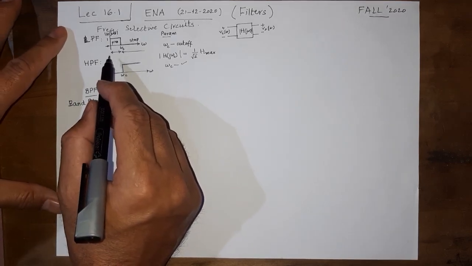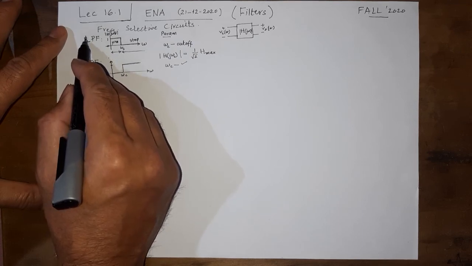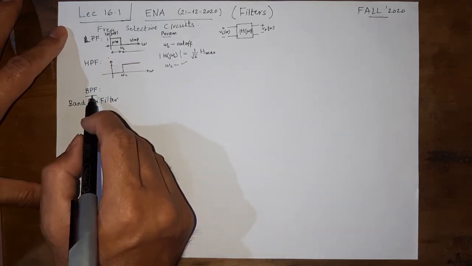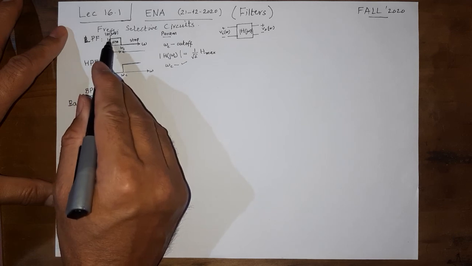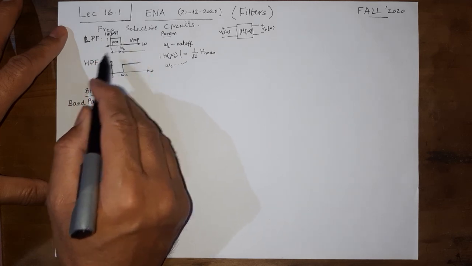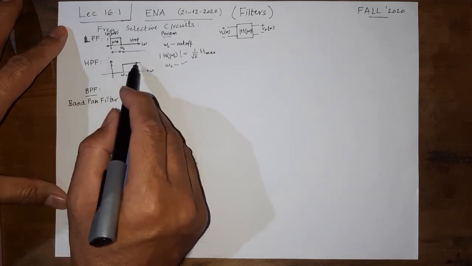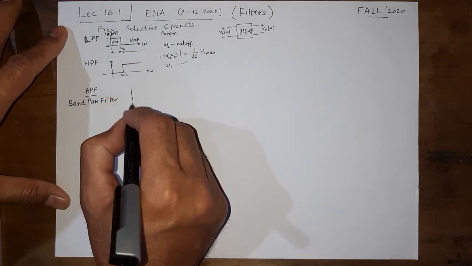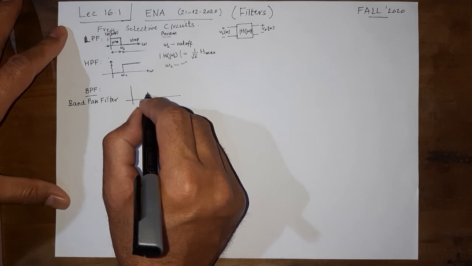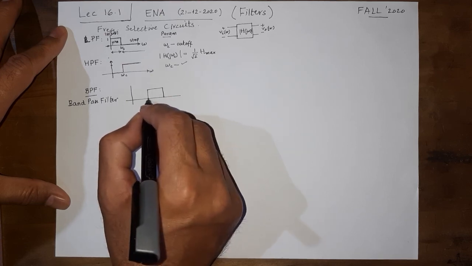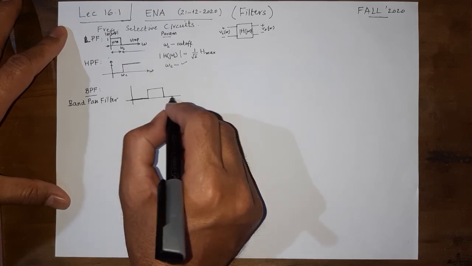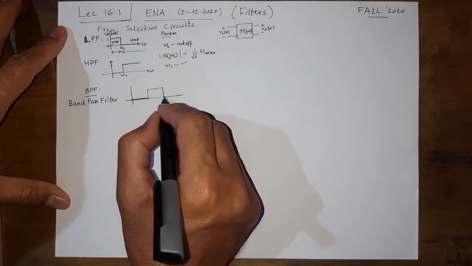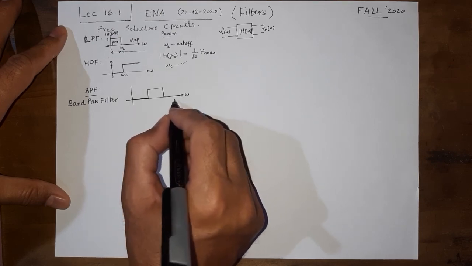From the names of these previous filters, you can tell what a band pass filter would look like. A low pass filter passes lower frequencies, a high pass filter passes higher frequencies. A band pass filter is going to pass a band of frequencies. So a band of frequencies is passed, and frequencies lower than the band and higher than the band are not passed.